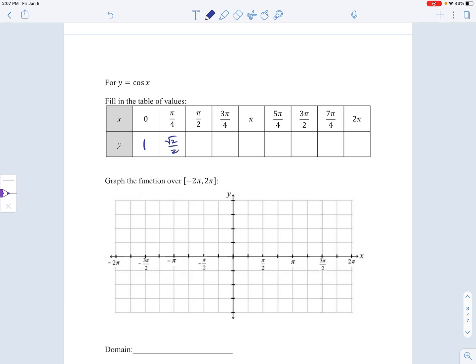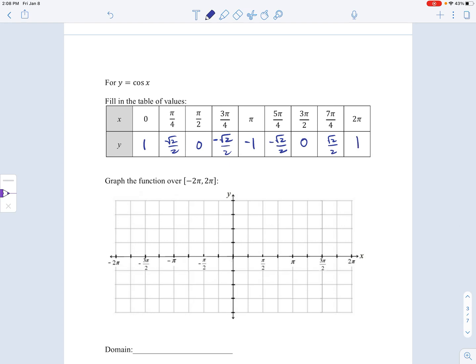Okay, so for cosine, filling in that table, cosine of 0 is 1. Okay, 0. Oh, that should be a negative root 2 over 2.